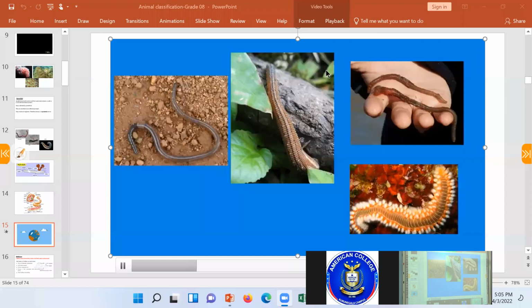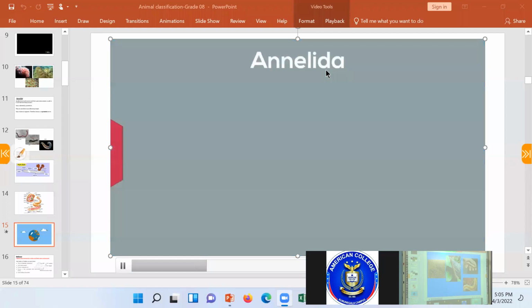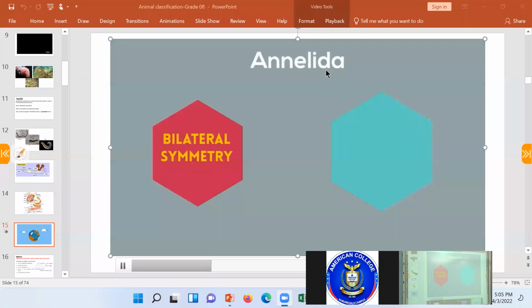Here are a couple more characteristics of these worms. They have bilateral symmetry. They also include tissues and organs. They have a fluid-filled internal cavity.